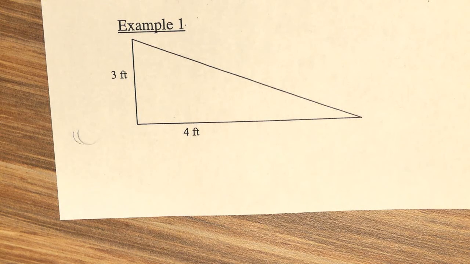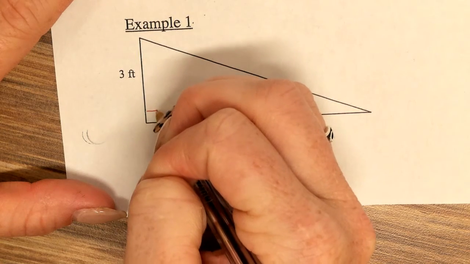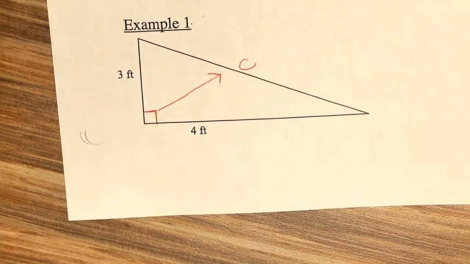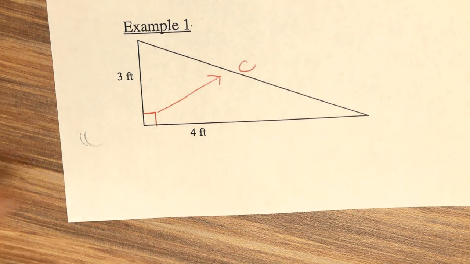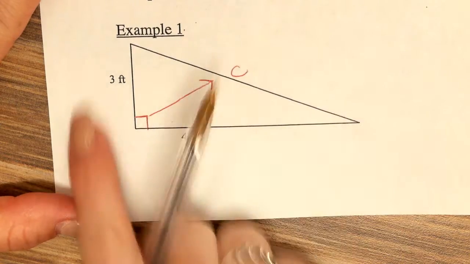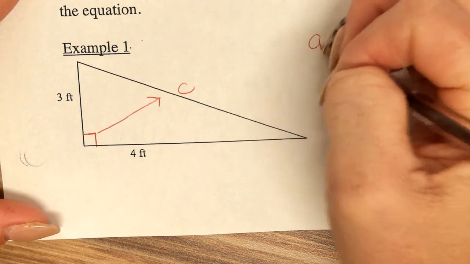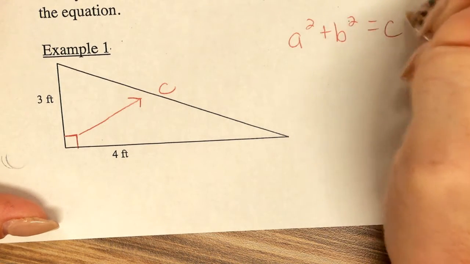How do you know that? Because what is right here? A right angle. So that has to be your side C. And then you can simply plug in these numbers to the Pythagorean theorem formula. So everybody write the formula down. A squared plus B squared equals C squared.